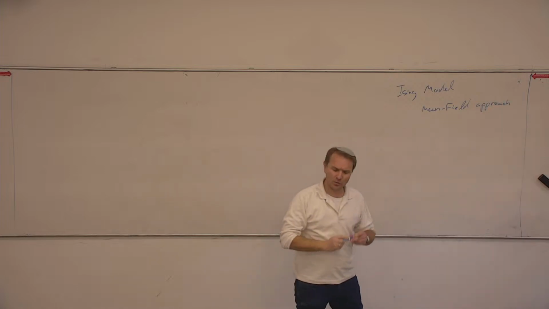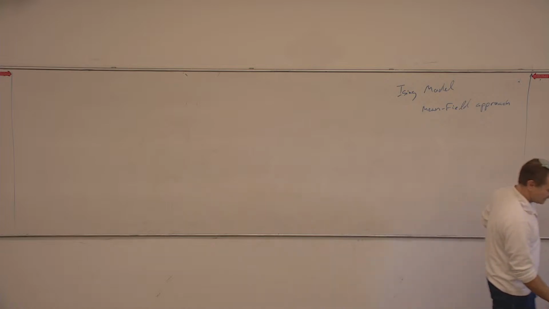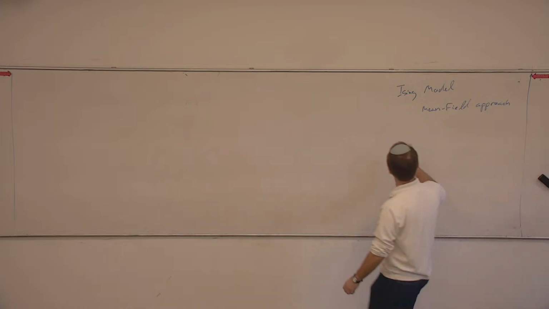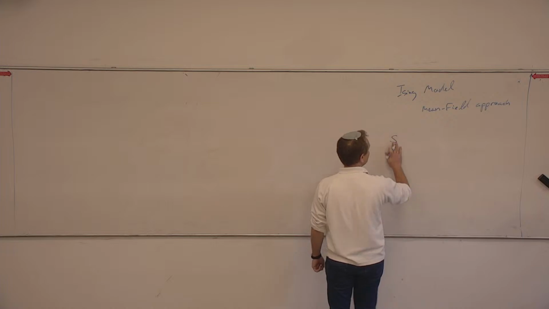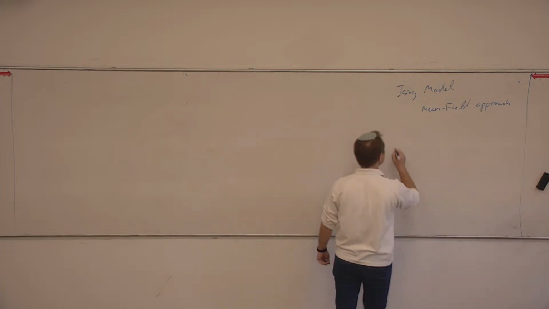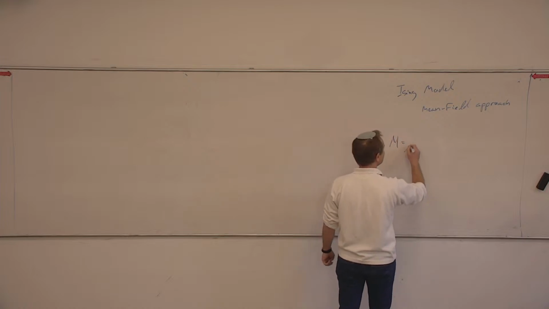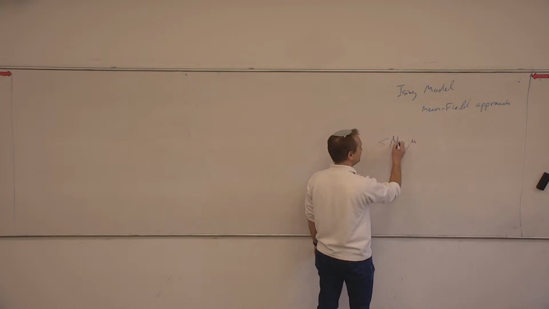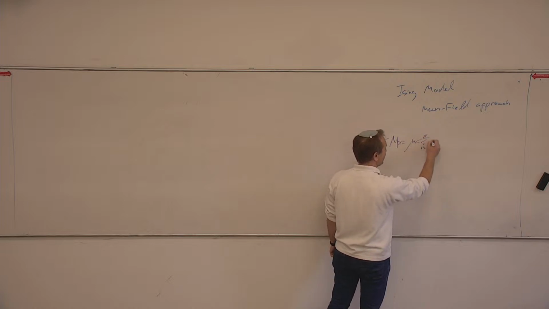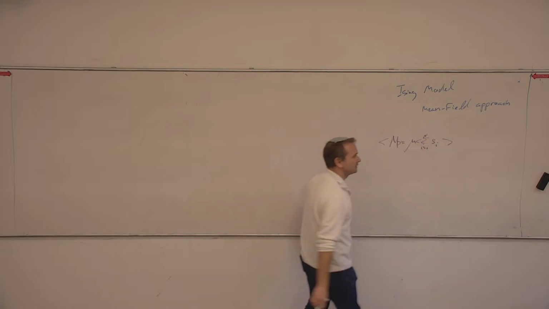Now, we have solved exactly the free Ising model, where we obtained the following result. For any given field, the total moment M is mu times the average of the sum over i from 1 to n of s_i.